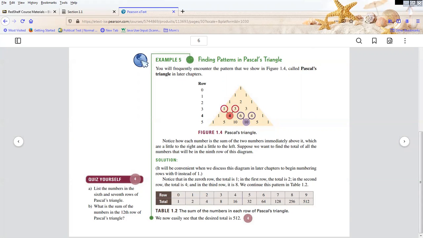So for example, let's start at the 1, 4, 6, 4, 1 row, row 4. If we add the 1 and 4, we get a 5, and we write that below the 1 and 4 space. If we add the 4 and 6, we write the total below.